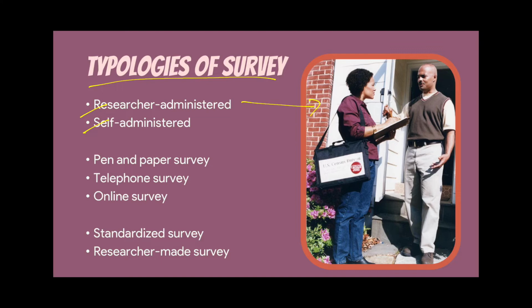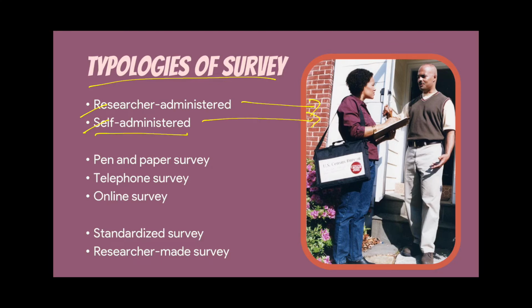This is a researcher-administered or enumerator-administered survey. It is not the participant or respondent who is answering the questions on their own. But if it is the participant or respondent who is answering the questionnaire on their own, for example, you give them the paper and instructions, then you leave them for 5 minutes and return to get the questionnaire from them, that's called self-administered.